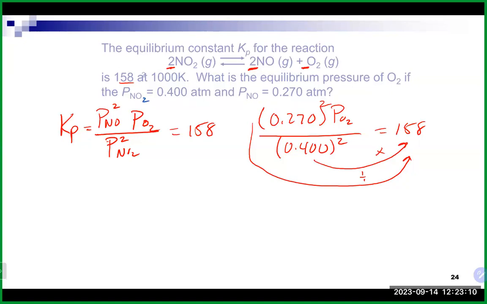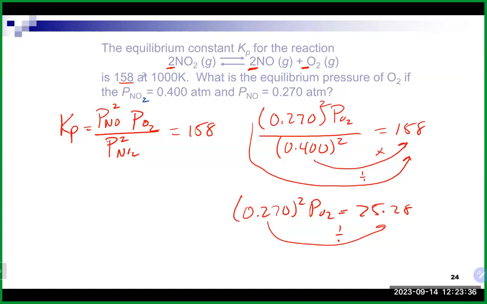So I'm basically going to take 158 times 0.4 squared, which I think will get me something like 25.28. And again, now we're going to divide that to the other side, and we're also going to make sure we square it as well.